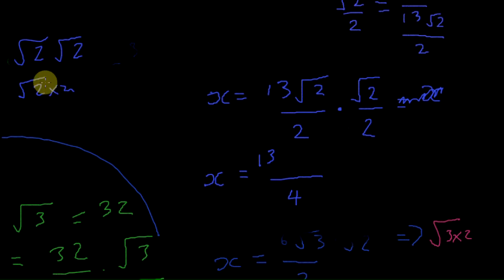Okay, so I showed you that earlier. In actual fact, that is then 2 times 13, which is 26. So then 4 into 26 is 13 over 2.